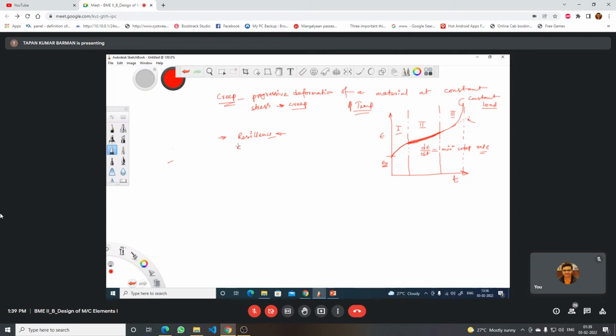What is endurance limit, and what is the significance of endurance limit? How we can measure endurance limit? We can ask what is creep and draw the creep curve showing the different regions there. Also, we may ask: what is the significance of minimum creep rate in creep curve?